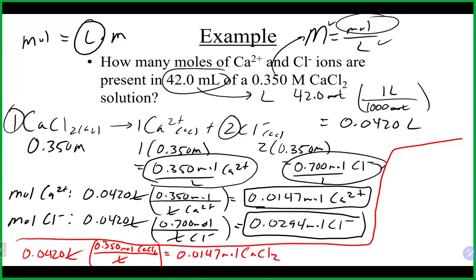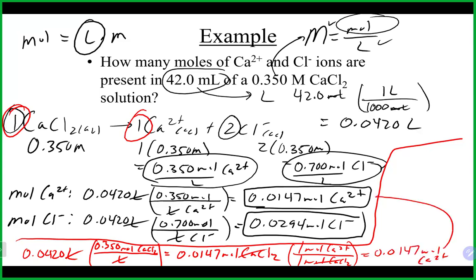Now you could just do a mole to mole relationship. It's a 1-to-1 relationship between those two guys. And you'll just do your 1 mole of calcium to your 1 mole of the whole thing. They will cancel, and that will give you your 0.0147 moles of calcium, which obviously, as you can see, is the exact same thing that we got this way.